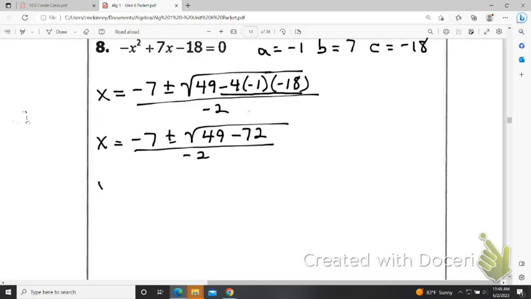Now, that might not seem like a big deal to you, but for our other problems that couldn't be broken down, they weren't perfect squares, if we put them in a calculator, it at least gave us a decimal.